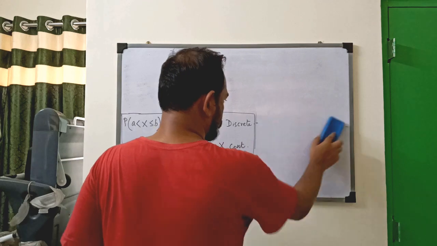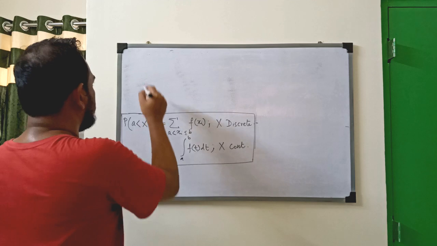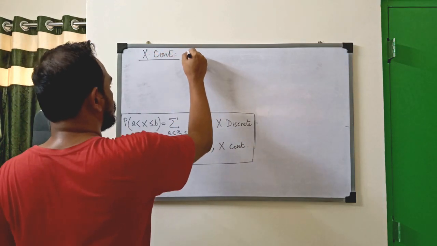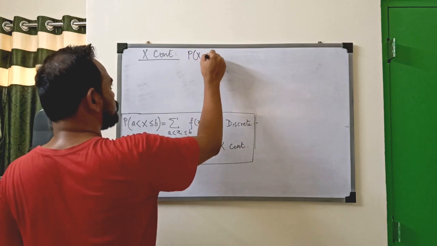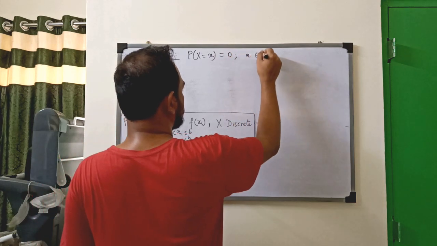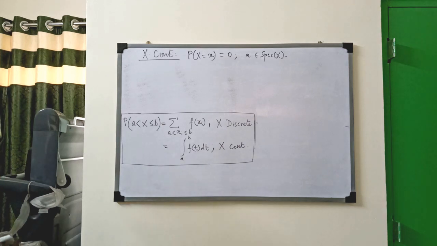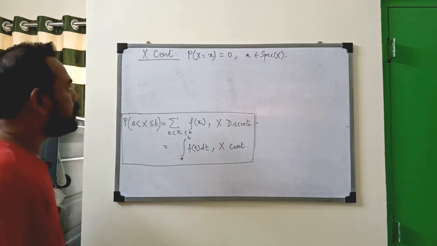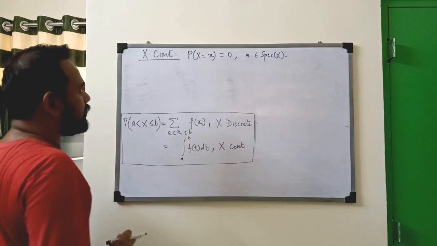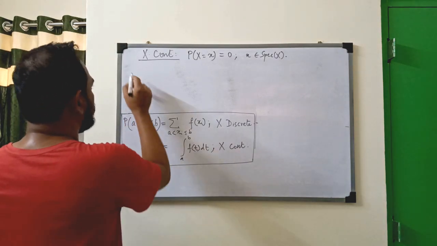Now coming to the point number 8, where we said that if X is a continuous random variable, in that case the probability that X is equal to some spectral point, where small x is a spectral point, would always be 0. Okay, this is what we will prove. Well, what we can do is, instead of taking it exactly equal to x, let's just make use of this formula.